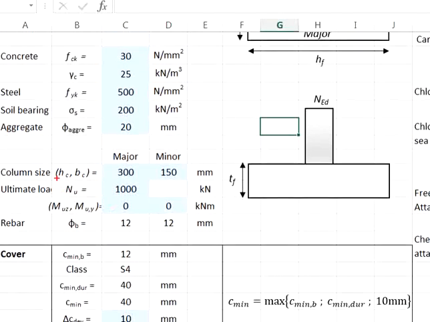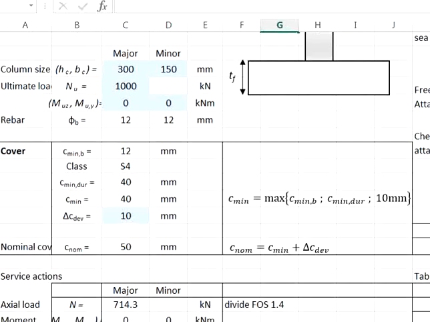The ultimate load NU equals 1000 kN, and the design moment will be 0 for both axes. Assuming that we are using 12 mm rebar for both main and secondary rebar, we will proceed with the calculations. First, we need to determine the nominal cover.